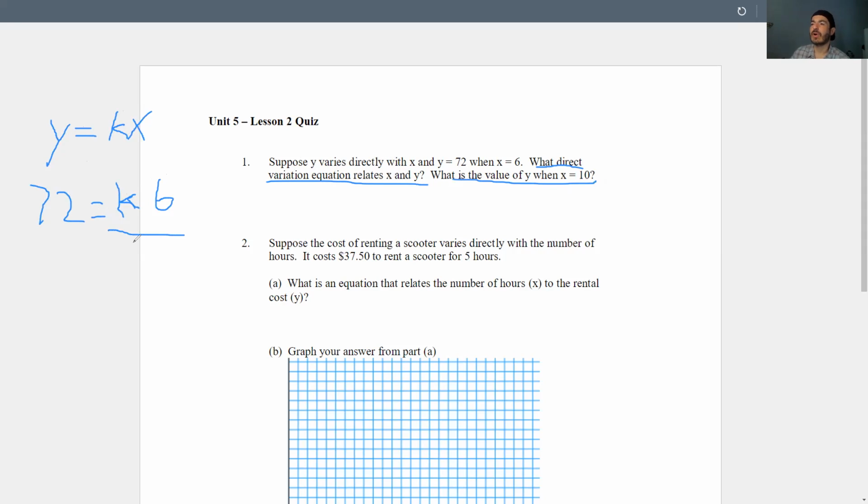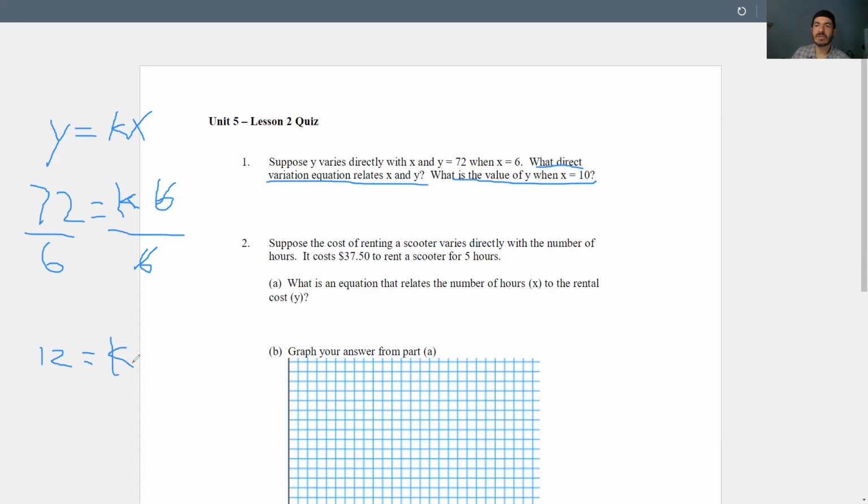So all I need to do now is solve for that some number. I'm going to do that by using the inverse operation to multiplication and divide by 6. 72 divided by 6 is 12. And that is equal to k.